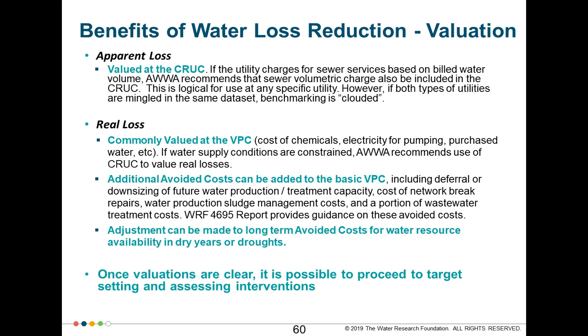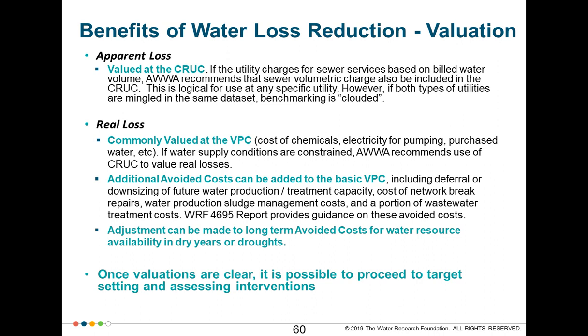On the real loss side, there's, let's say, an array of factors that could be included. The baseline is commonly chemicals, electricity, purchased water, et cetera, but there are a number of additional avoided costs, which the manual describes, which can be added in, either short-run avoided costs or long-run avoided costs, such as the present value of future capacity expansions.